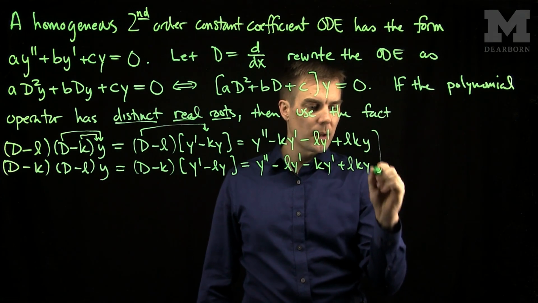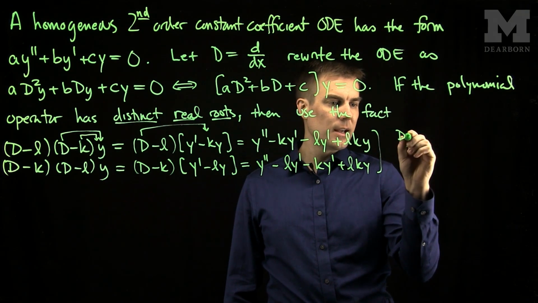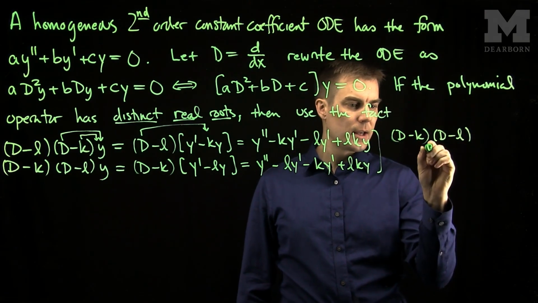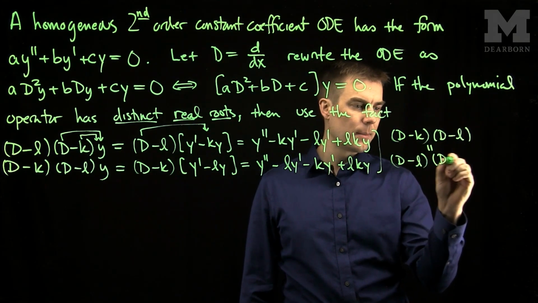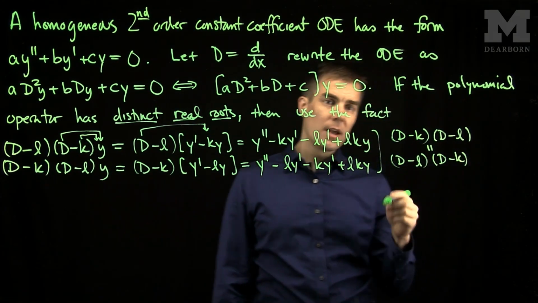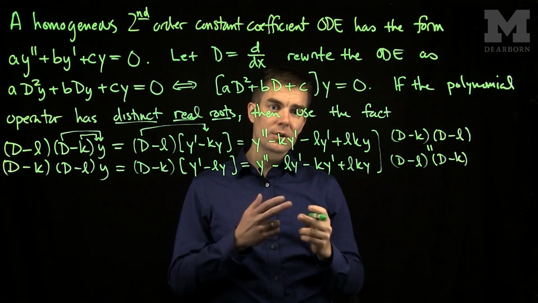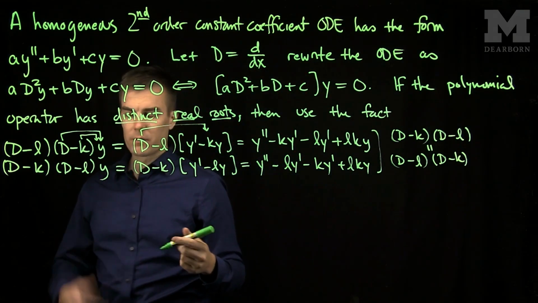And now we observe that both of these expressions are the same. Hence, (D minus K)(D minus L) is equal to (D minus L)(D minus K). In other words, the order in which I perform linear differential operators is irrelevant if the coefficients are constant. Let's see how this fact can help us solve a problem.